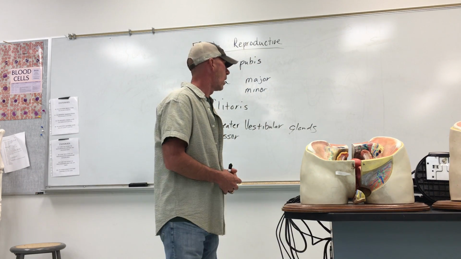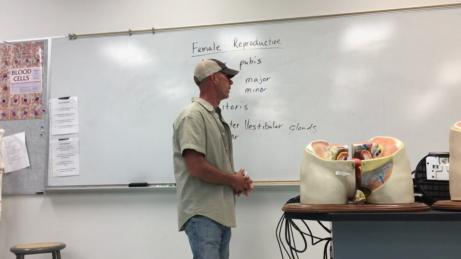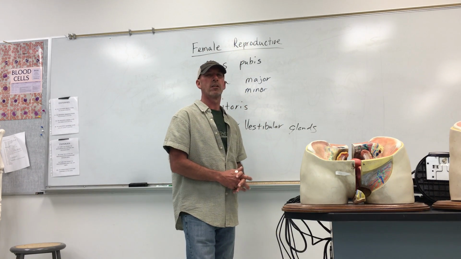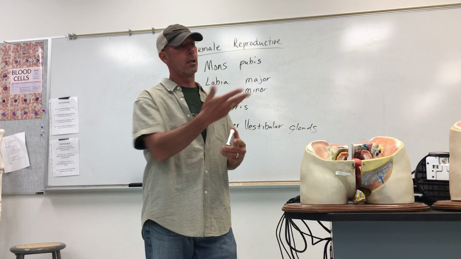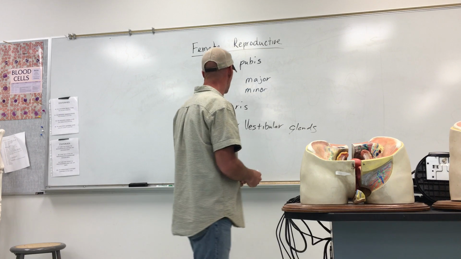They're internal, but they basically empty or secrete their product, which of course improves the lubricating quality of the entire vulva. So in preparation for sexual intercourse, this region is secreted with a material similar to the bulbourethral gland in the male anatomy that we talked about.